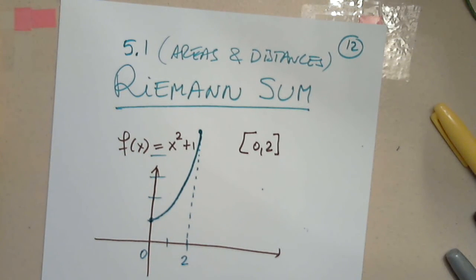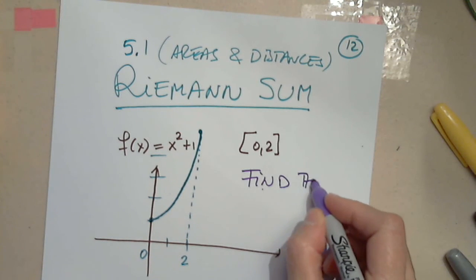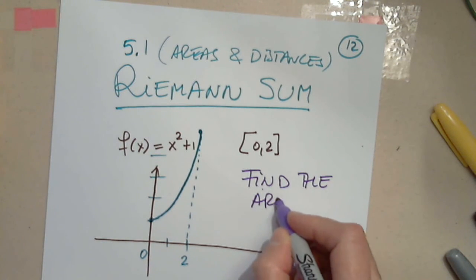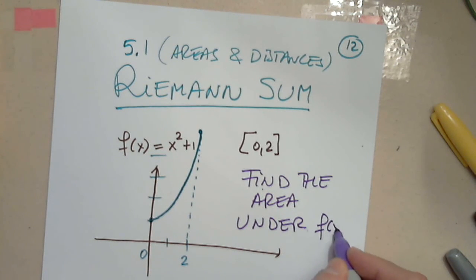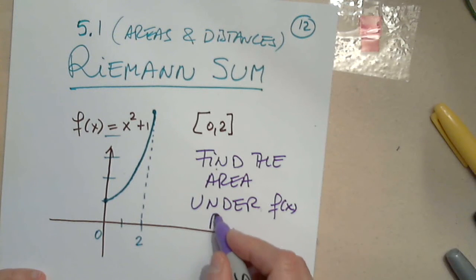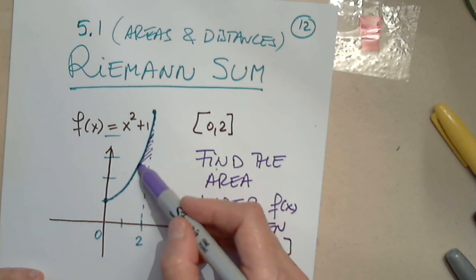Okay, so here's our question. Find the area under f of x between 0 and 2. I'm asked to find this area.